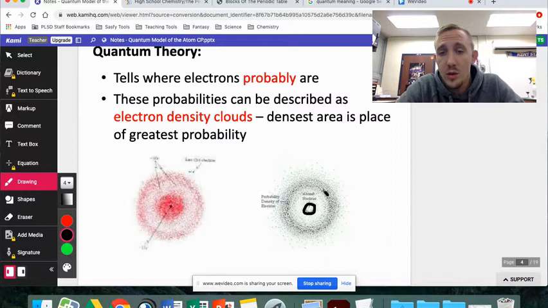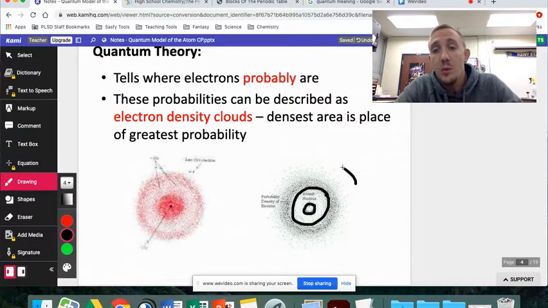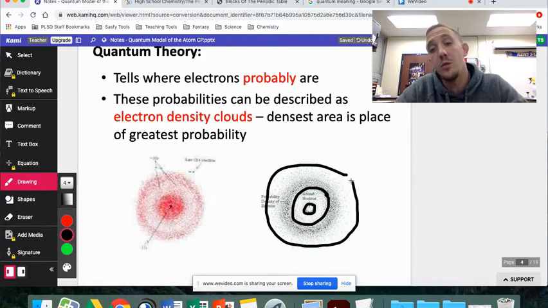And we also have a ring here. Well, these are shown as energy levels. Okay, so this would be energy level 1, and then the outside ring would be energy level 2. And so if we continued, okay, we would probably see more dense clouds the further we get out.